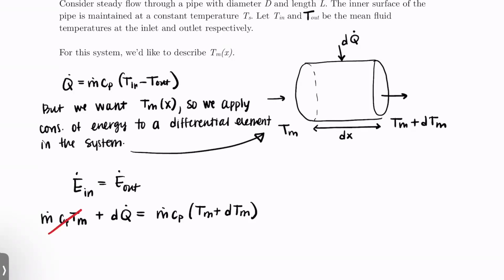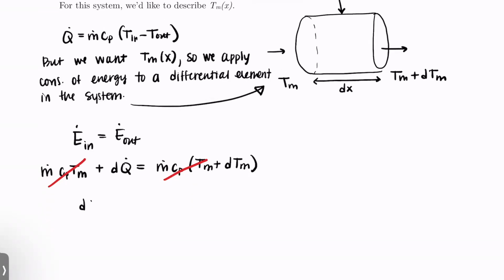You'll notice that I have an m dot Cp Tm on both sides of this equation. So I end up with dq is equal to m dot Cp dTm, which hopefully makes sense. The little bit that it's been heated from the beginning to the end is going to be equal to what we have put into the system, right?